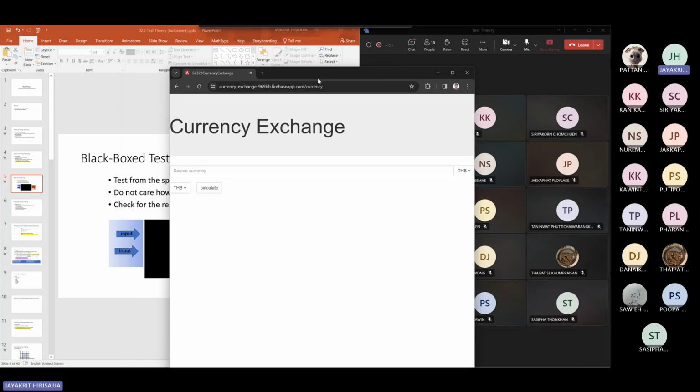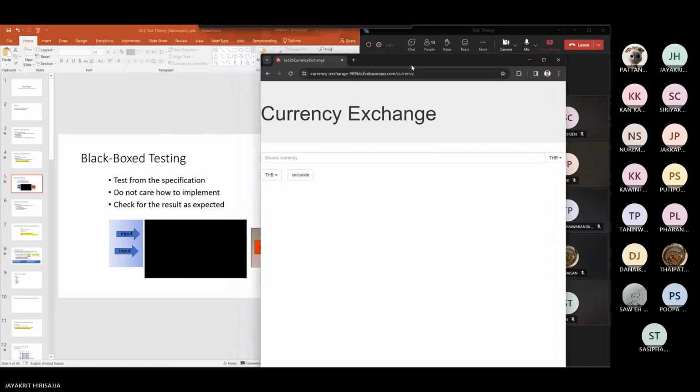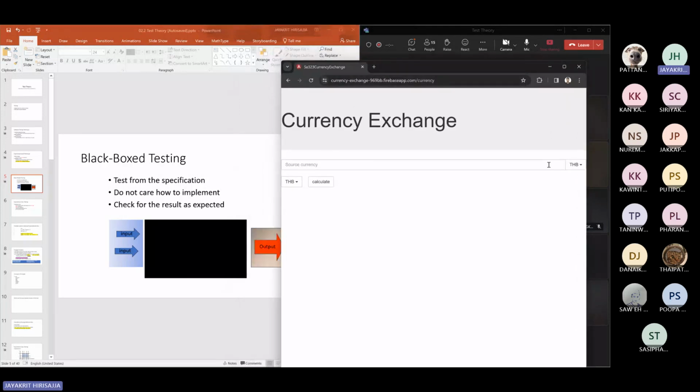How many inputs do we need to take? We have to input the currency type, we have to input some number, and we click calculate, and the output will be like this. So how many inputs do we have for one execution?